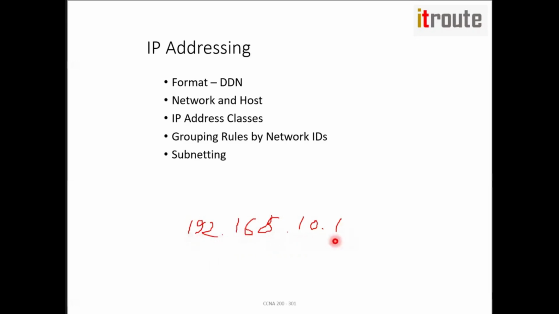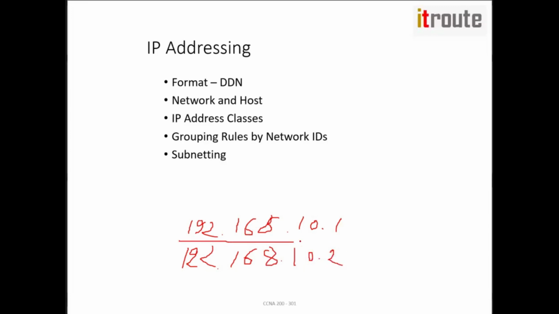Now, any IP address we write down has two portions: one is the network portion, one is the host portion. The network portions are usually common, and the host portions are different. For example, if I write down another address, 192, then 168, then 10.2, in this case 10.2 is the new IP address.